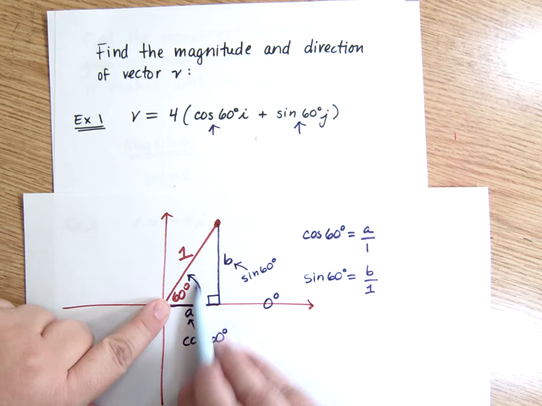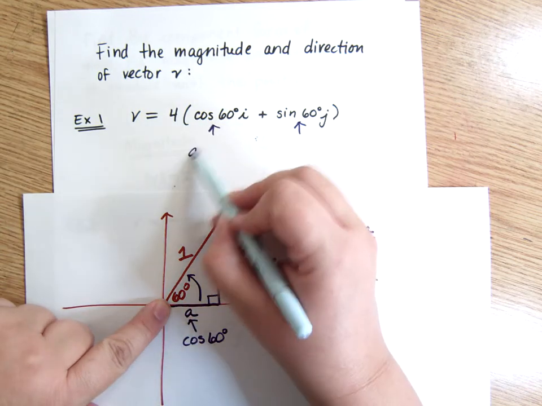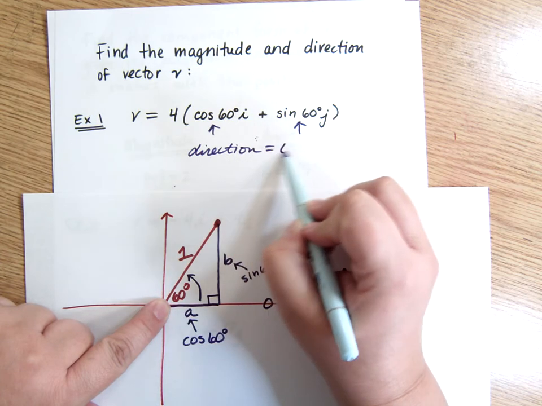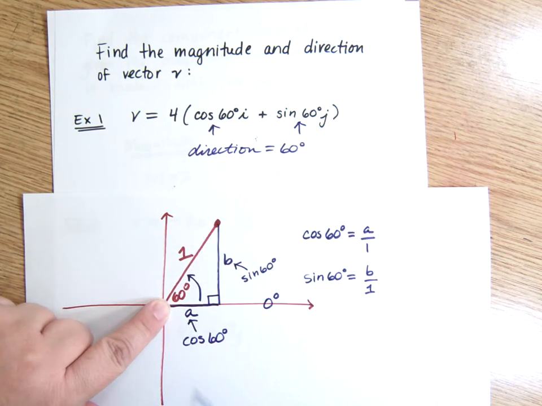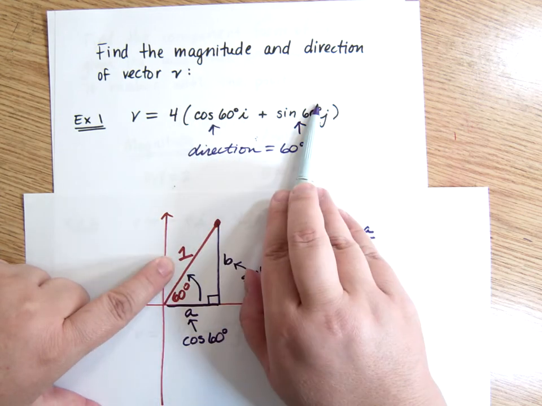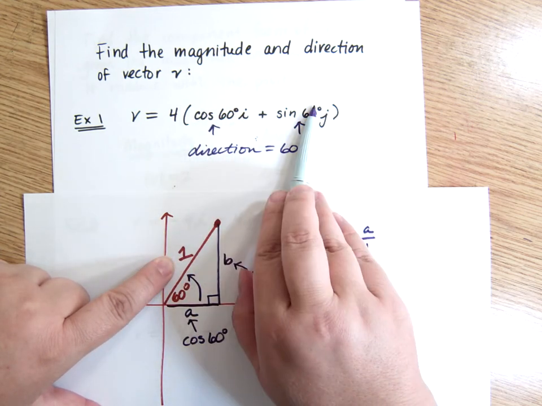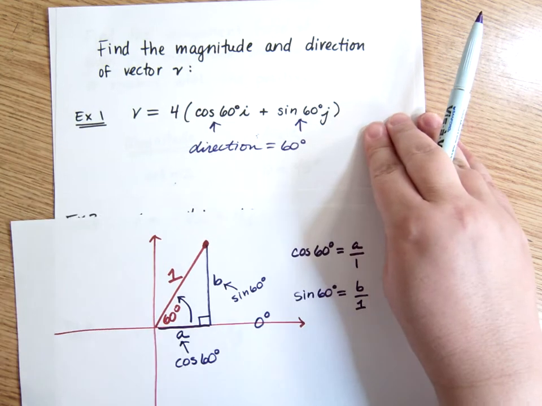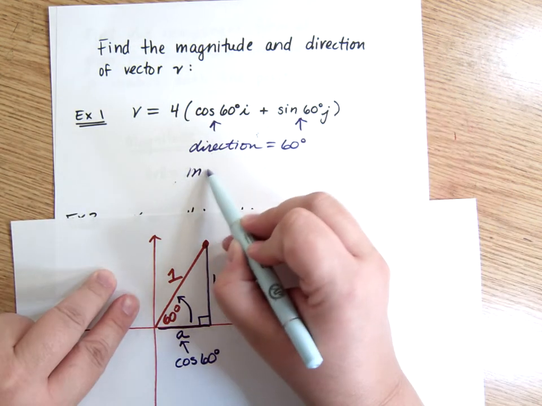So this direction is 60. So direction is 60. Well, if we look at this, we had a unit vector here. Unit vector means magnitude of 1. But do you remember what we did on the last set of problems? If we wanted the magnitude to be bigger than 1, we just multiplied by a number. So this has a magnitude of 4.